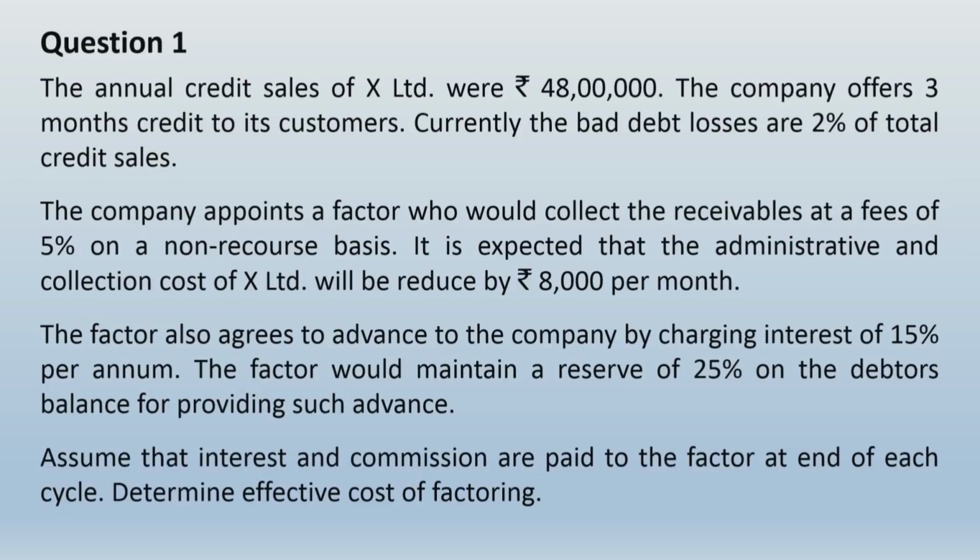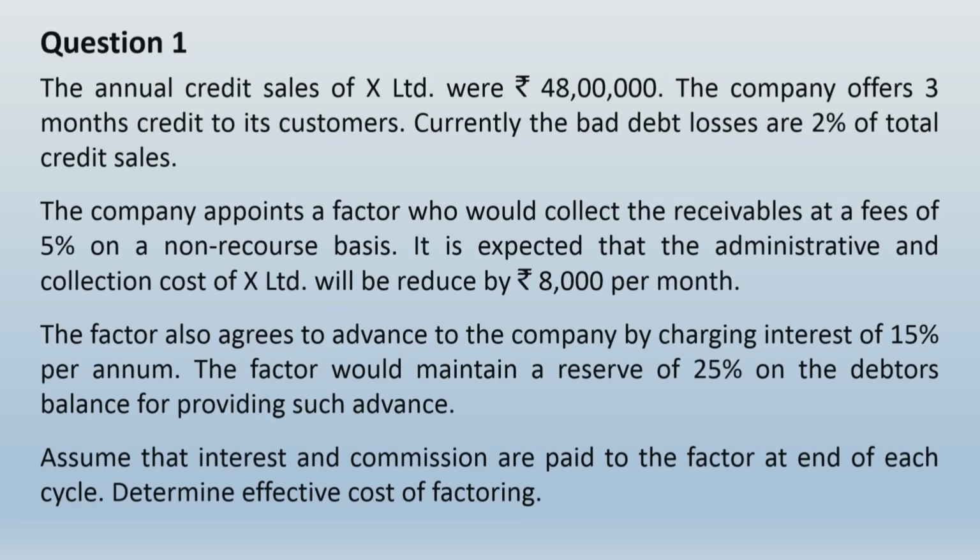It is expected that administrative and collection cost of X Limited will be reduced by rupees 8,000 per month. The factor also agrees to advance to the company by charging interest of 15% per annum. The factor would maintain a reserve of 25% of the debtors' balance for providing such advance. Assume that interest and commission are paid to the factor at the end of each cycle. Determine the effective cost of factoring.